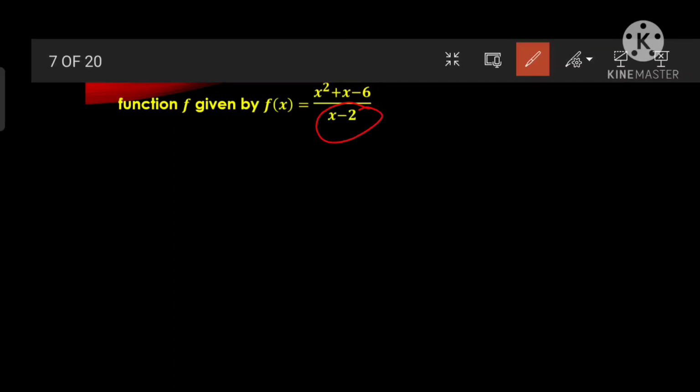The denominator is x minus 2. When we substitute 2 for x, we will have 0, and we know for a fact that we cannot divide by 0 because it makes the function meaningless or undefined. So we will not let x equal 2.